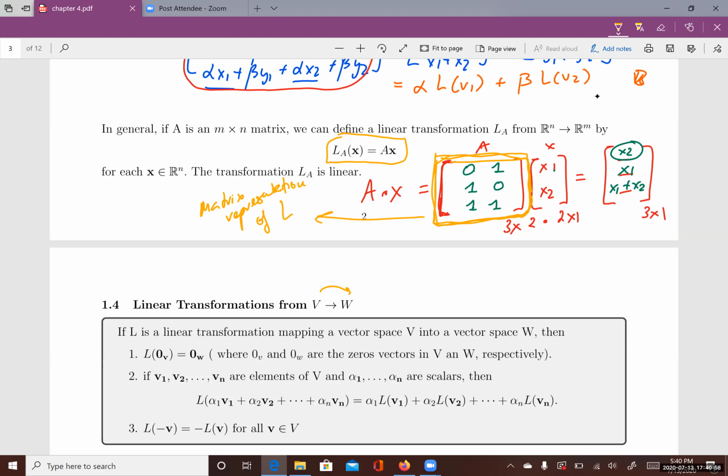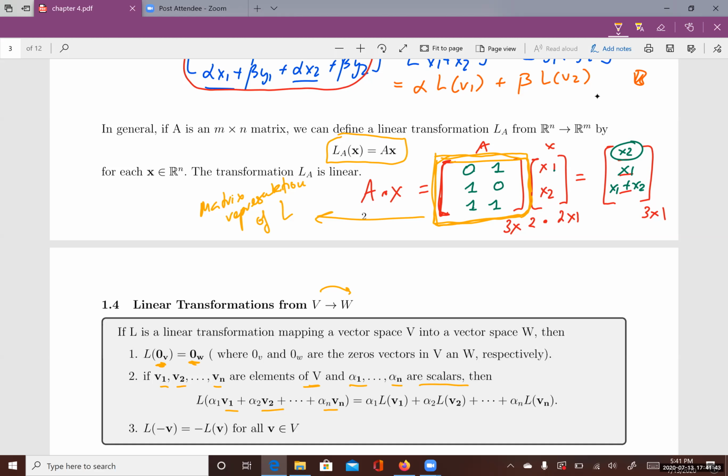This also applies to the case when V and W are the same. If L is a linear transformation mapping a vector space V into a vector space W, then when you map the zero vector in V, you get the zero vector in W. And if v1, v2, to vn are elements of V, and alpha 1 to alpha n are scalars, then when you apply the map L onto the linear combination of v1, v2 to vn, you get the same result as alpha 1 L(v1) plus alpha 2 L(v2) plus alpha n L(vn).